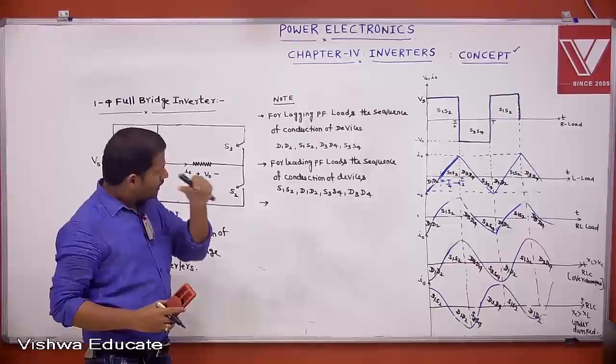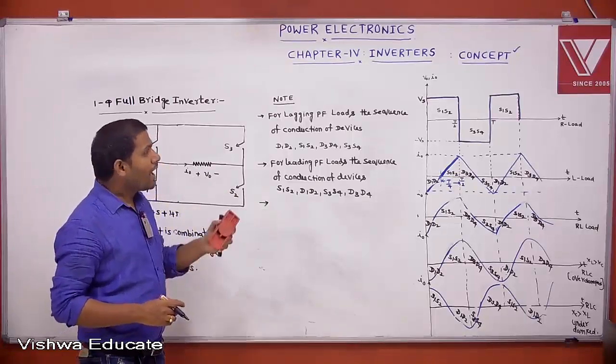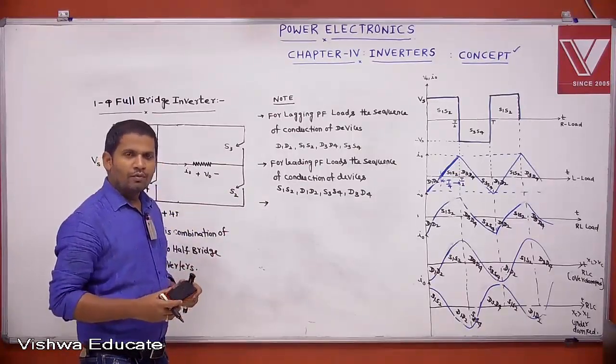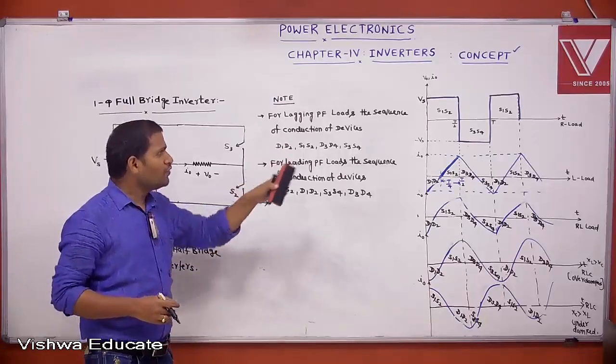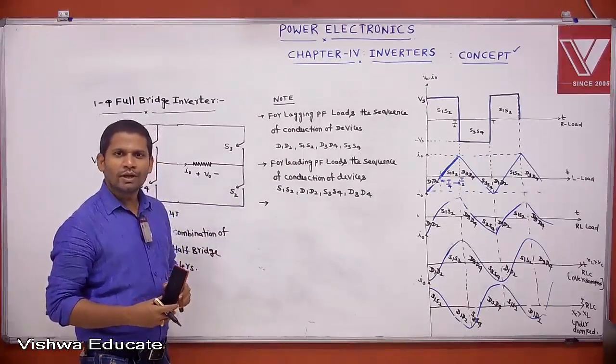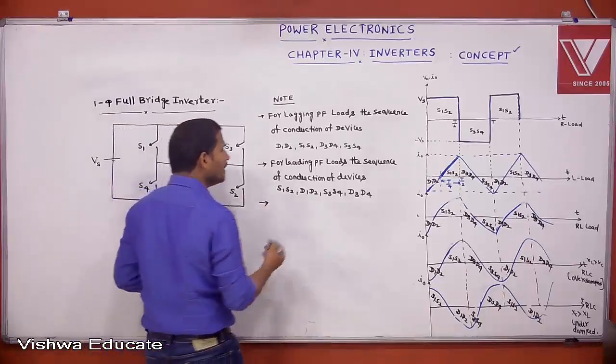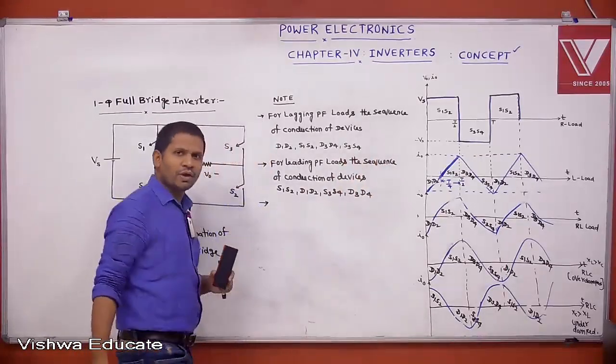Yes. Tell me. For any load, what is the output voltage waveform? Output voltage waveform is a square waveform. Here we are generating a square waveform, that's why I am giving a square waveform. You can also generate a quasi square waveform, and a pulse width modulated PWM waveform. But here our analysis is mainly the square waveform.